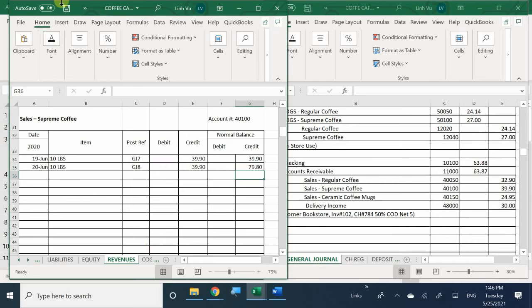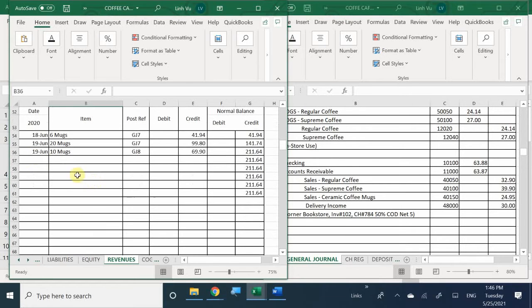Then we'll move down to sales, ceramic coffee mugs. We sold 5 mugs. GJ8 for $24.95 in the credit. That should give us a running balance of $236.59.